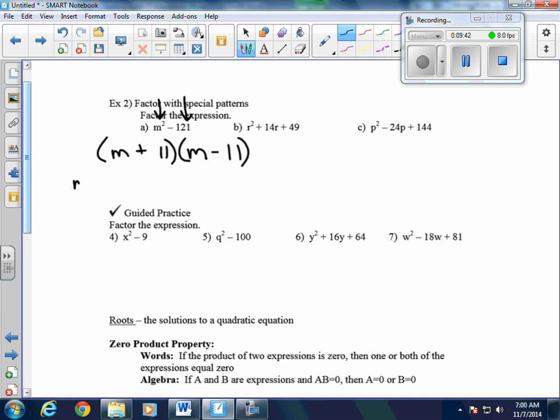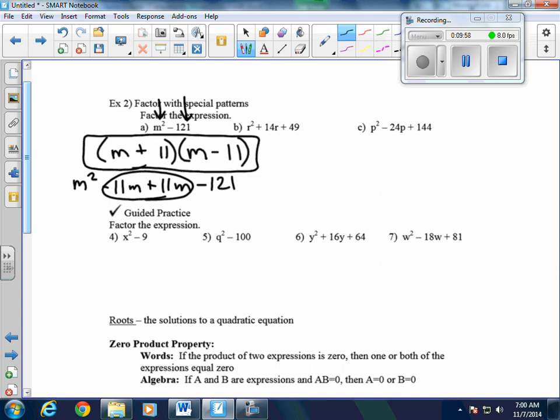Well, if I FOIL this, it's m squared minus 11m plus 11m minus 121. So here in our middle terms, what's going to happen? They're going to cancel out. So that's why we have a binomial in this case. So our answer is m plus 11, m minus 11.